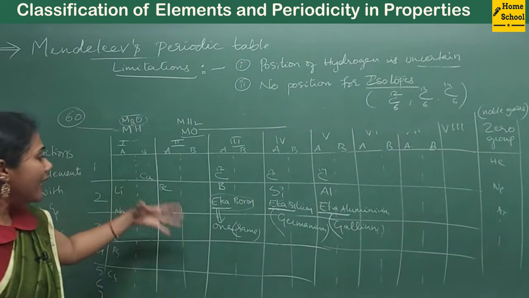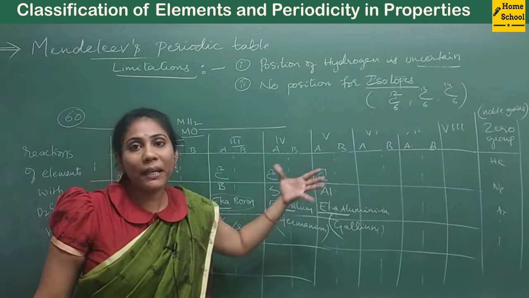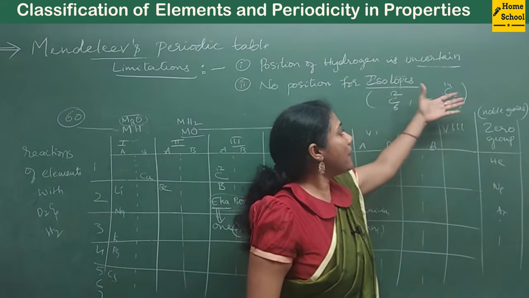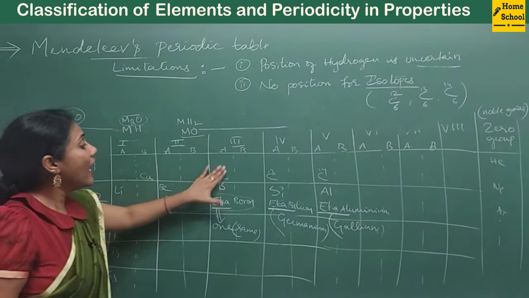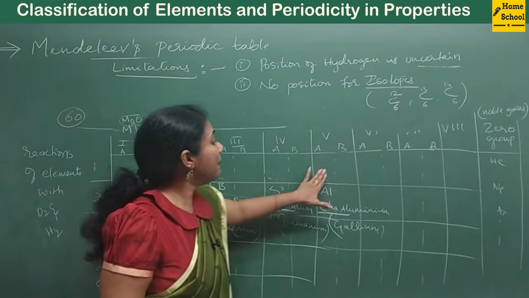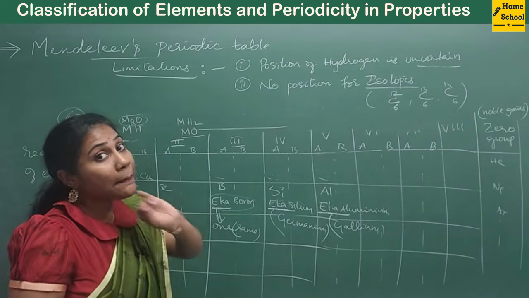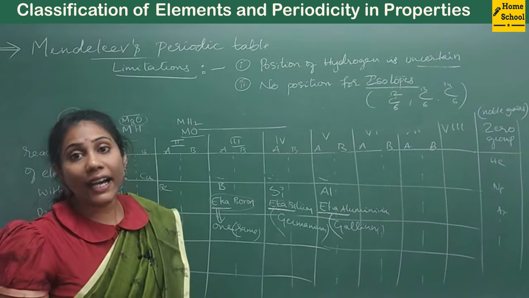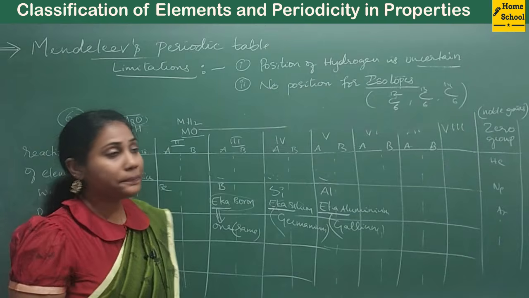The isotopes also must be placed when he considered atomic mass, because isotopes have different atomic mass with the same atomic number. But he did not mention isotopes of any element in his periodic table. So that is another great limitation.